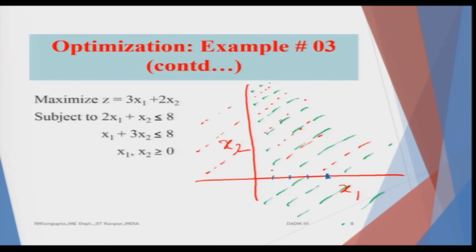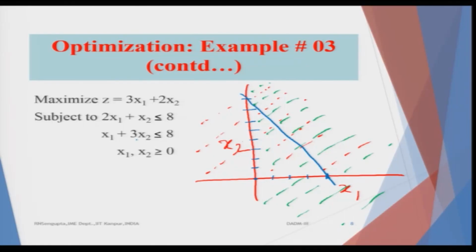And if I consider x1 as 0, x2 would be 8: 1, 2, 3, 4, 5, 6, 7, 8. So, if I consider the line, any part onto the left is applicable, because 0 was important for us.